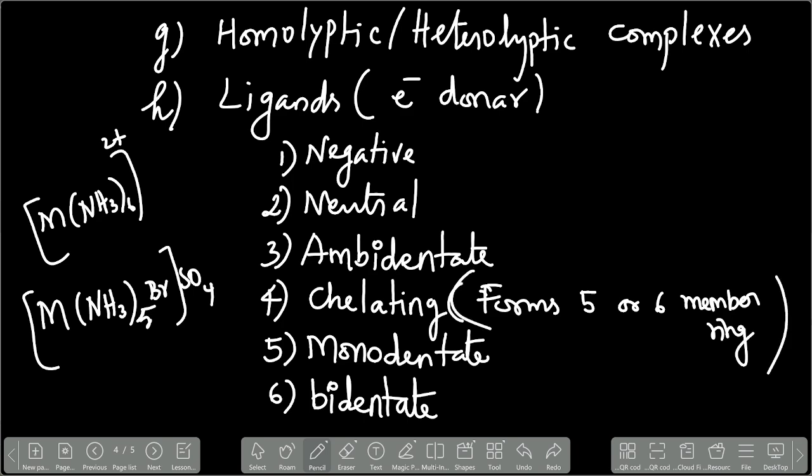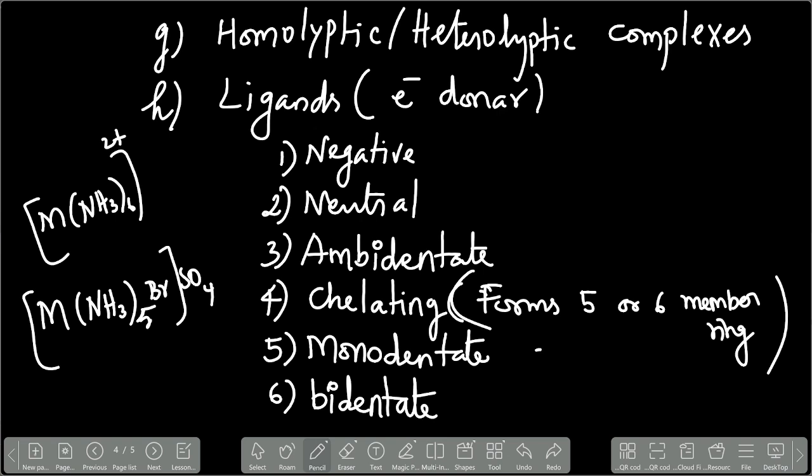Capable of forming more than one bond with the central atom and forming a 5 or 6 membered ring structure. Monodentate, ligands which can donate only one pair of electrons to the central atom. Bidentate, ligands which can donate 2 pairs of electrons to the central atom.